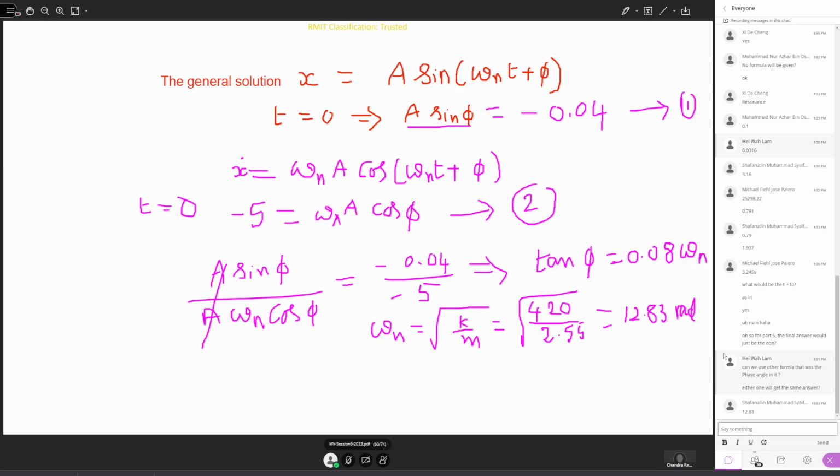Then from equation 3, phi is equal to tan inverse of 0.08 into 12.83. So you can calculate phi now.